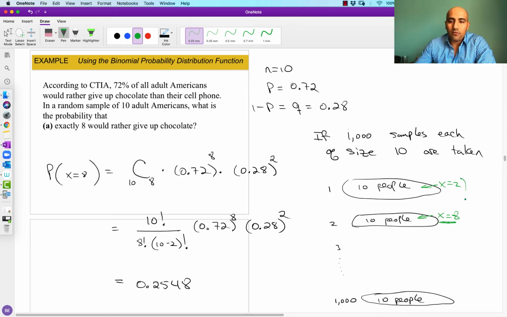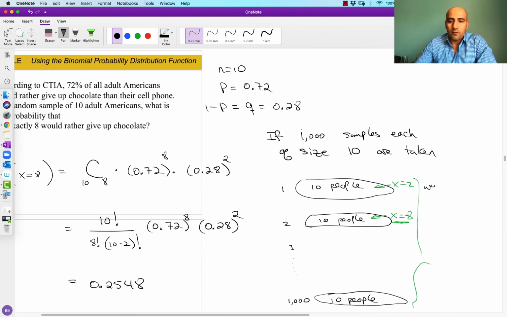So we'd say we expect about 25.48% of the 1,000 samples, or about 255 of the 1,000, to result in x equals 8.